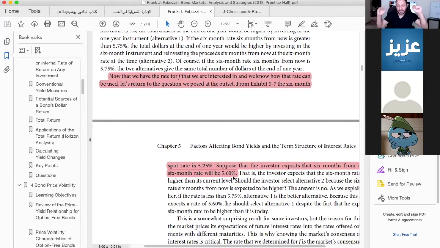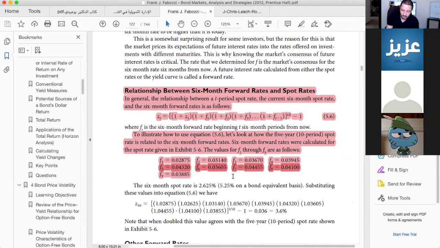If you expect less than the market, better use alternative 1. If you expect that the rate will be higher than the consensus of the market and you are ready to challenge the market, better put your money in alternative 2. So it's up to the comparison between your expectations and the market consensus.